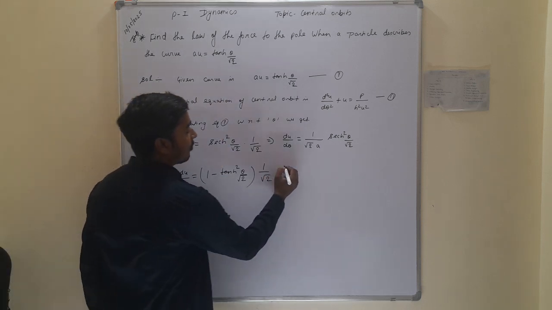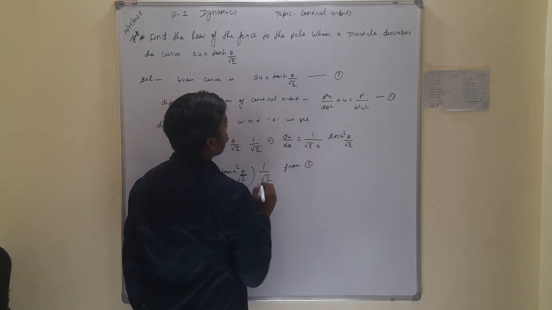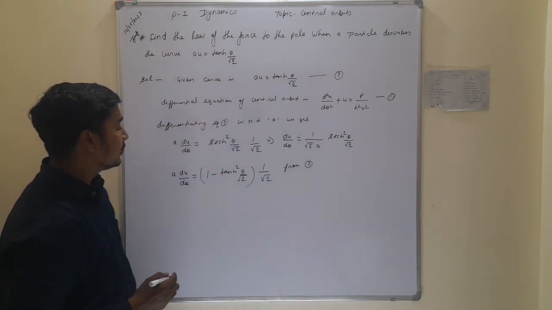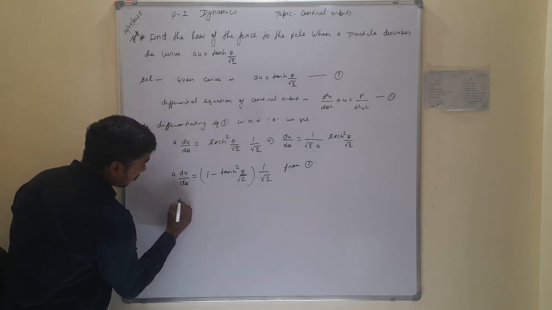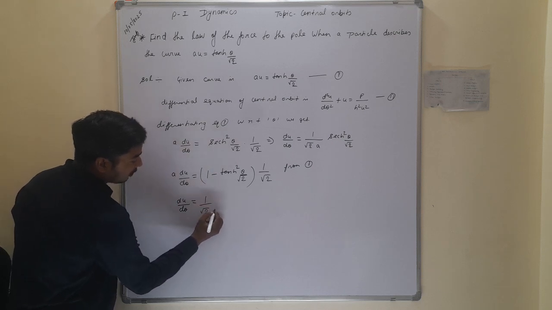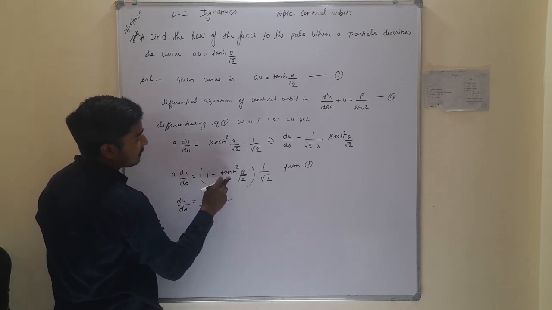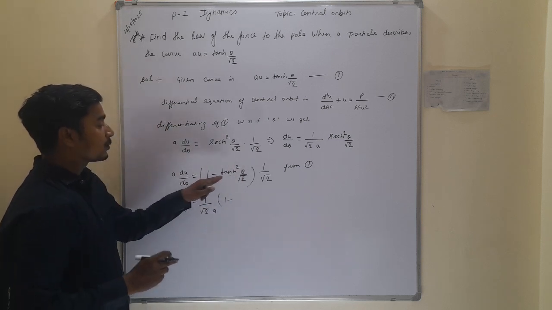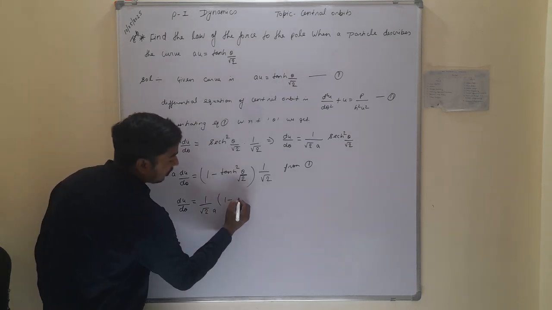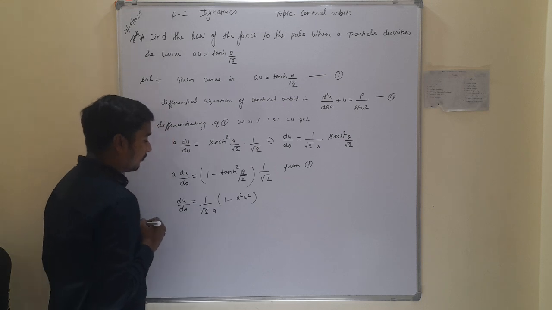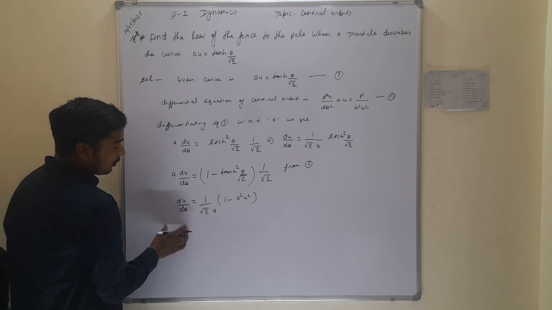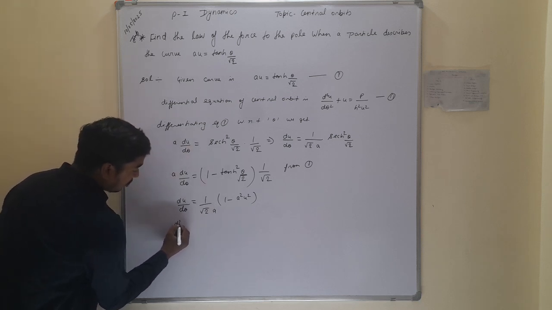From equation 1, the value of tanh(θ/√2) is au, so we put du/dθ = (1/(√2 a))(1 − a²u²).